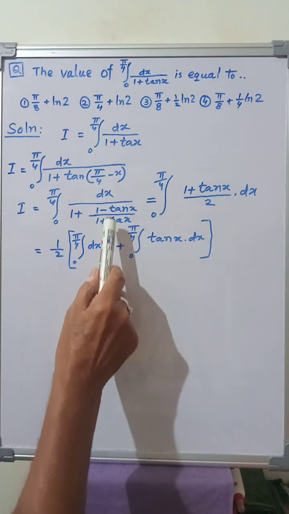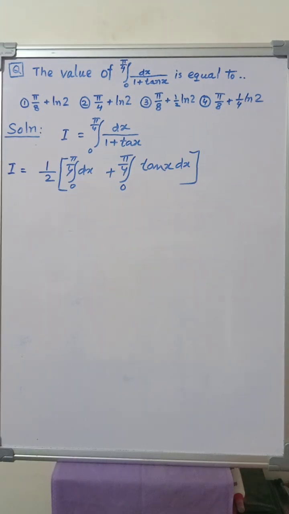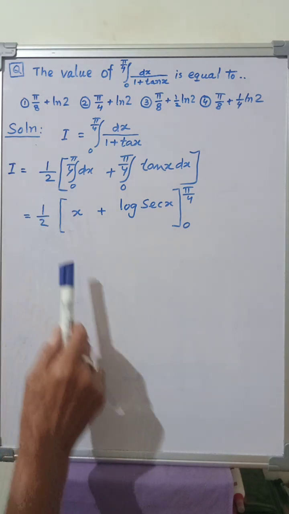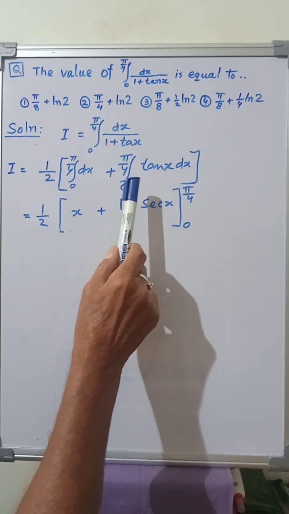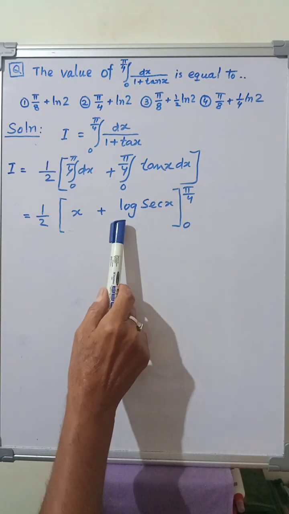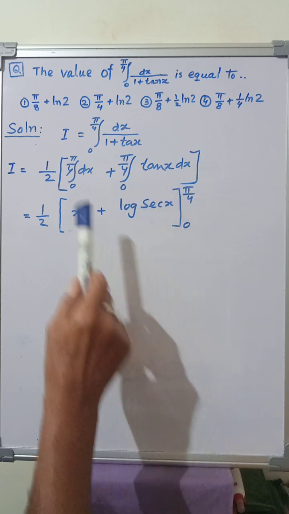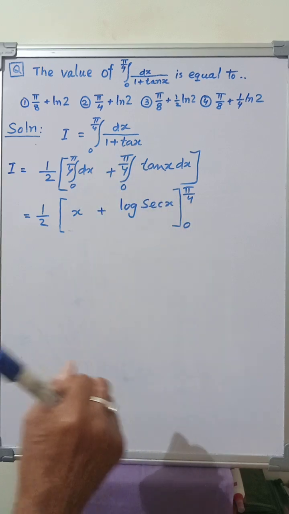Now let us evaluate the integrals. Therefore, we get I is equal to 1 by 2 into integral dx is equal to x plus integral tan x dx is equal to log sec x between limits 0 to pi by 4. Because we have the same limit in both cases, we have put the common limits.